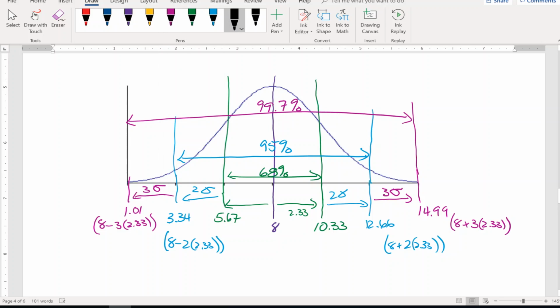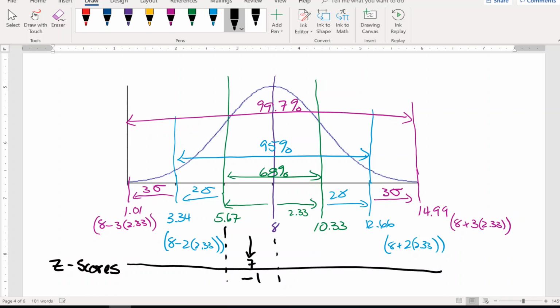So let's just remind ourselves again about our Z-scores. Now, our Z-scores correspond to a particular value. And let's say we had a value of 7. 7 would have a Z-score of -1 because it is to the left of the mean, and it is within 1 standard deviation. So I'm just going to draw a line here and put in all of our Z-scores.